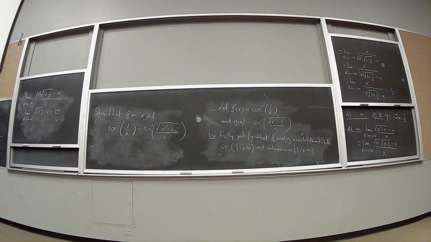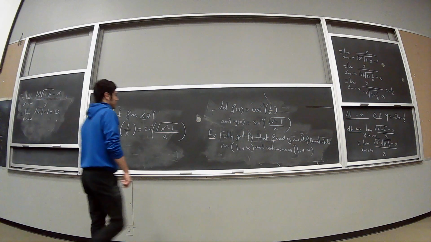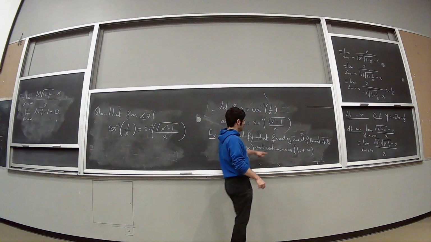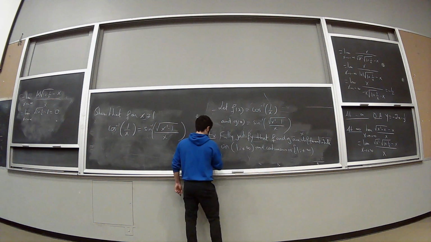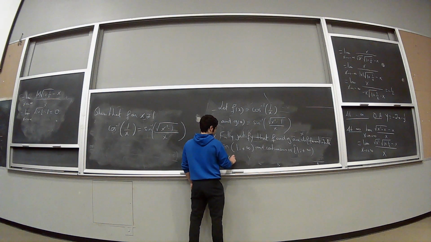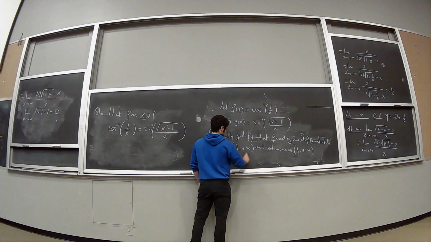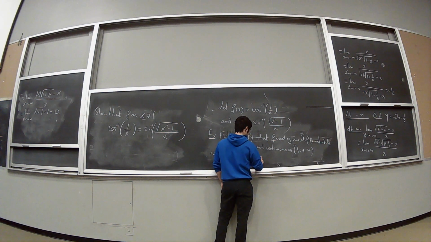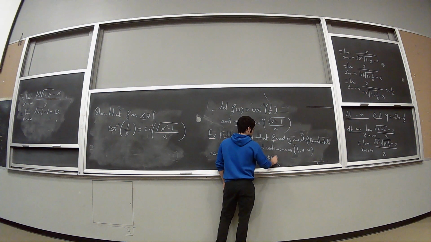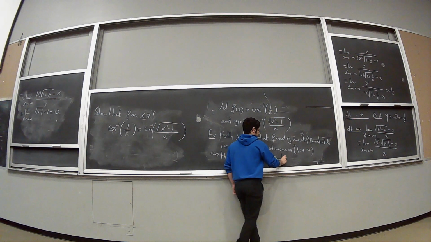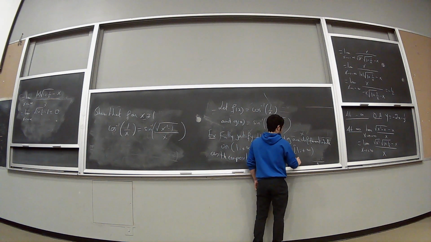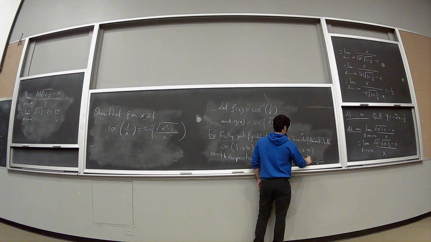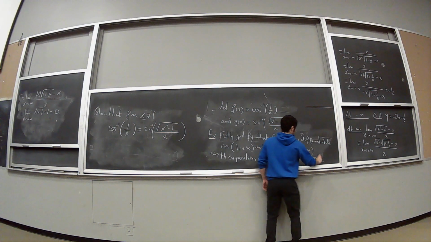So all of this implies that cos inverse of 1 over x is differentiable on the open interval 1 to infinity and continuous on 1 to infinity as the composition. Well, I think as I'm writing, I'm giving more and more justification, as the composition of differentiable and continuous functions.